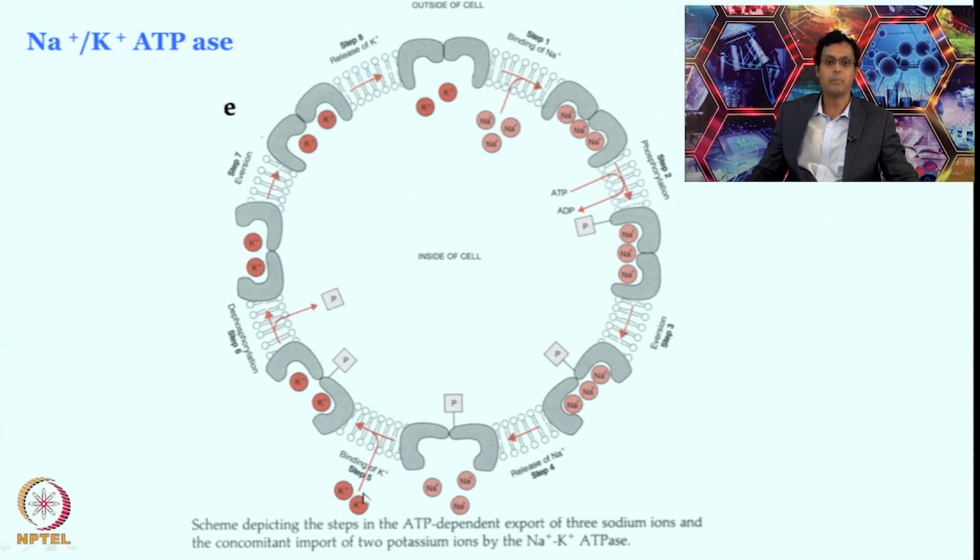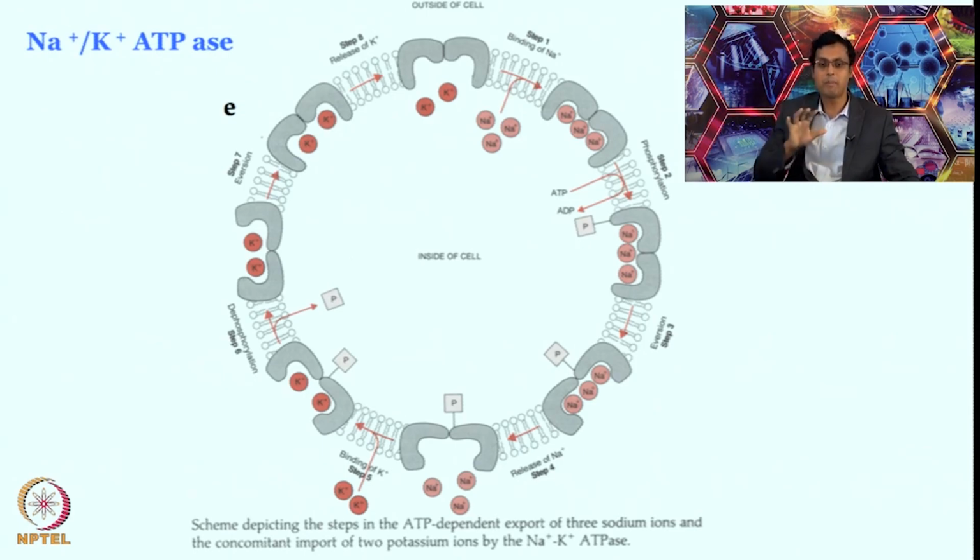This pocket then can bind with potassium, 2 potassium get into the cell, once again by dephosphorylation, catching and releasing inside the cell. So, this is a cycle that goes on quite well because sodium is required more on the outside, not too much inside, but potassium is required more on the inside.